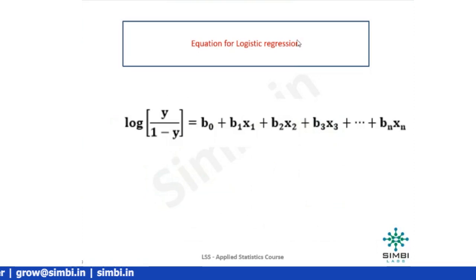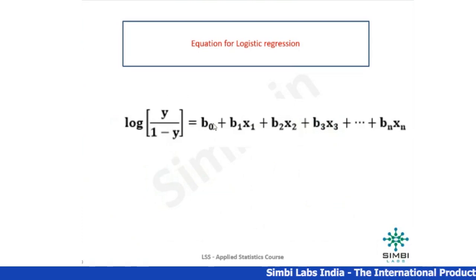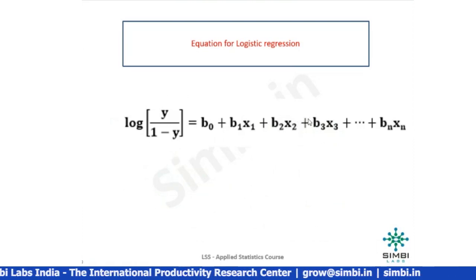And we will do the logistic regression calculation by following this formula: log of y by 1 minus y equals b0 plus b1 into the independent variable, plus b2 into another independent variable, plus b3 into another independent variable.